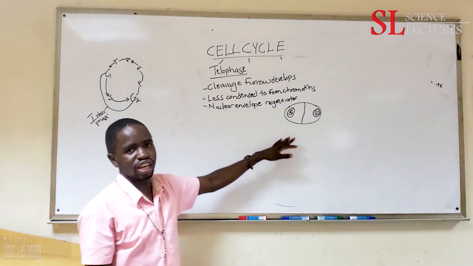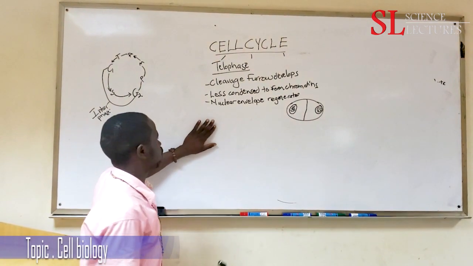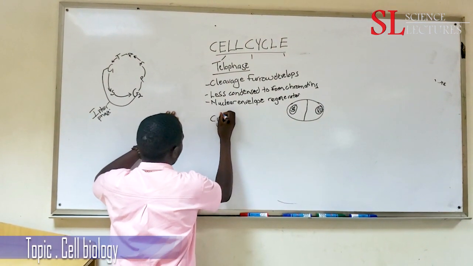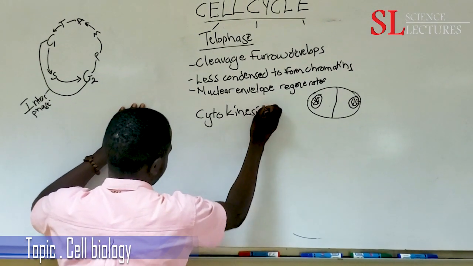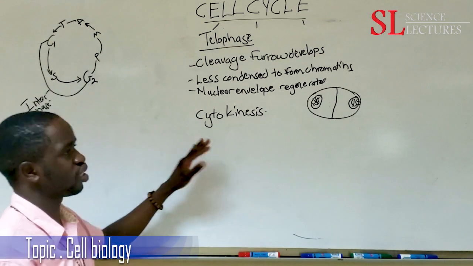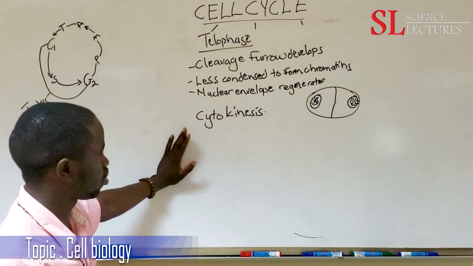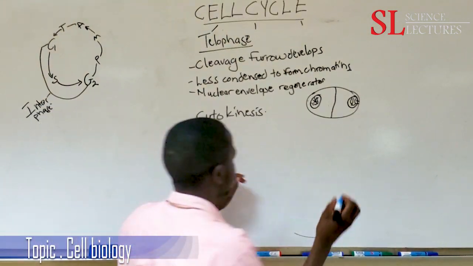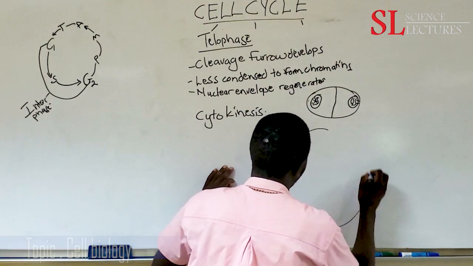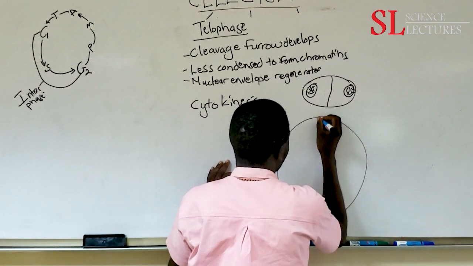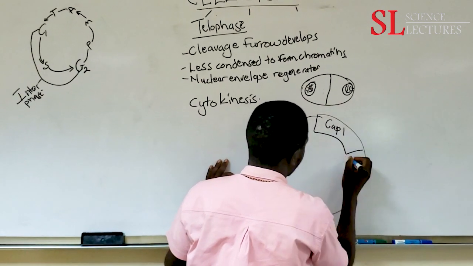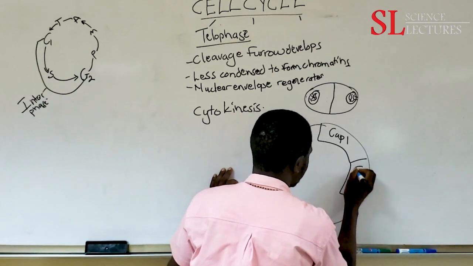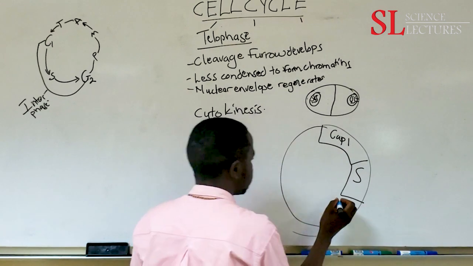And telophase ends with another process called cytokinesis. But before we venture into cytokinesis, I want us to have a brief review of the cell cycle. I'm assuming now this is my cell cycle. We say the cell cycle begins with the gap 1 phase, then the cell shall proceed to the S phase, which is the synthesis phase.